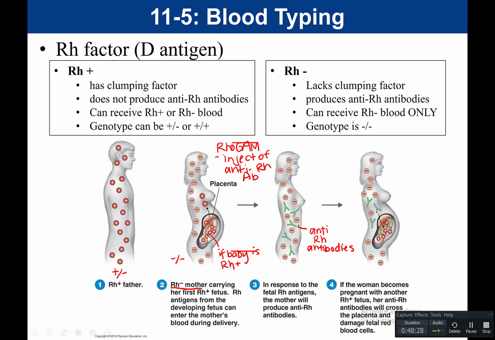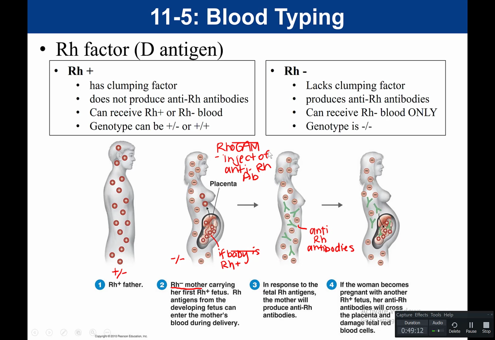And if baby is Rh positive and mother is Rh negative, that's where the problem is, because when this mother goes to deliver and the baby's blood and the mother's blood commingle, well, mom's immune system is going to recognize that Rh positive as being foreign, and she's going to produce these anti-Rh antibodies. So if she subsequently gets pregnant again with a second baby that is now Rh positive and she has those antibodies, well, those antibodies are going to go to the baby and they're going to start to break down the red blood cells of the baby. And so this is our Rh incompatibility.